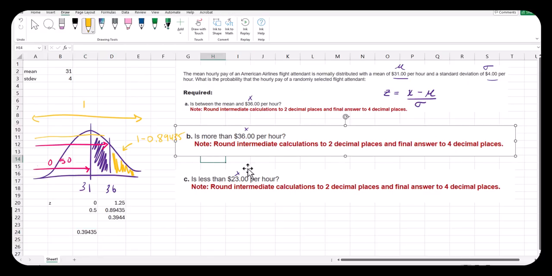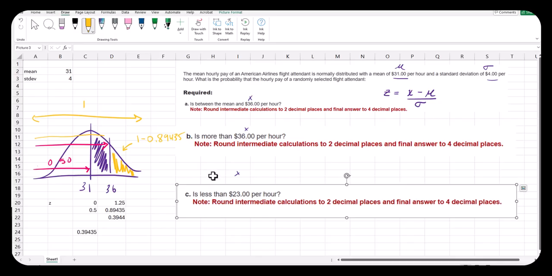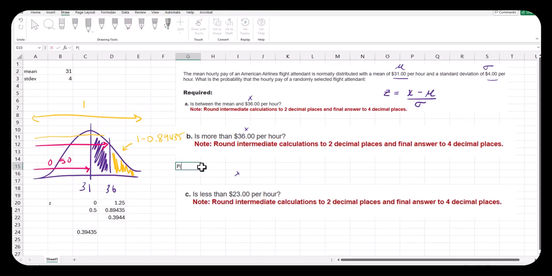And so let me do that. Heck, let's just do it right here. And so the probability that x is more than 36 would be 1 minus the probability that it's less than 36. So that would be that value. And so this one up here, let me write it so you can see how it would be written out. This would be the probability that we're between 31 and 36. And that probability we found by this formula right here.